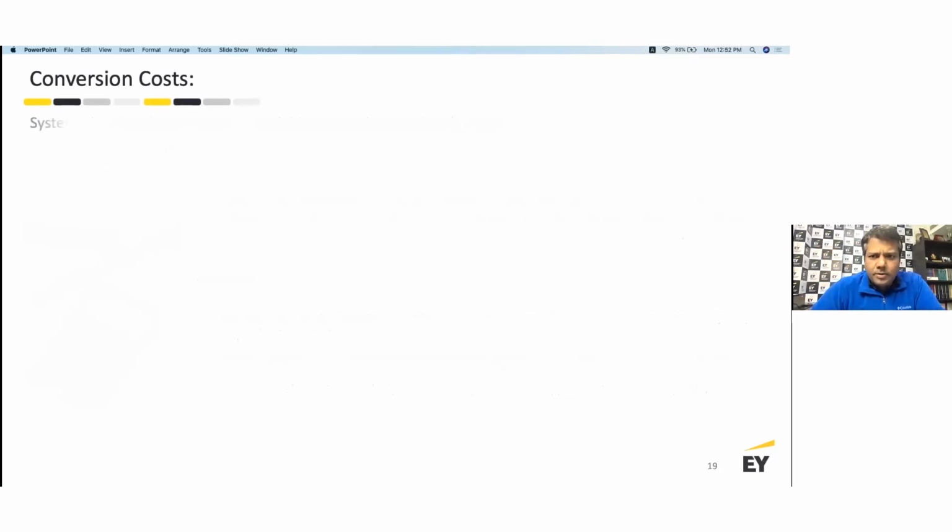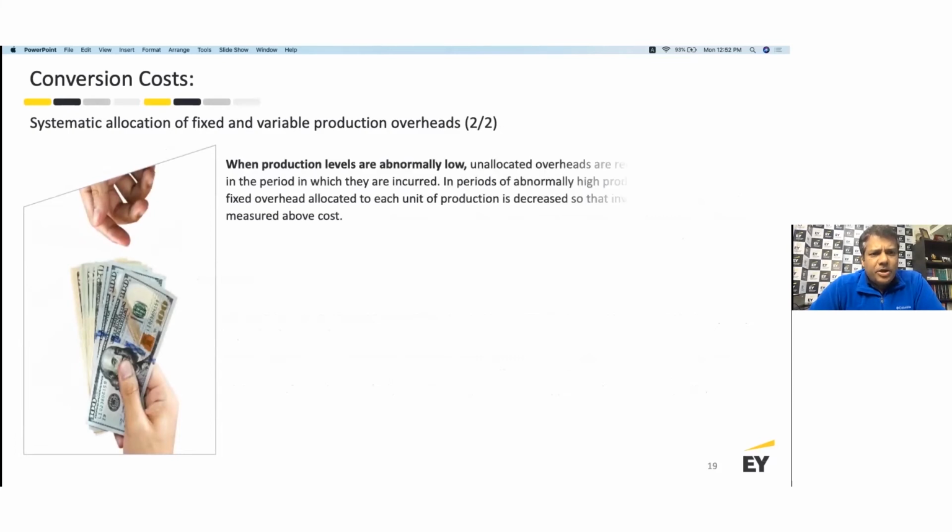Let's talk some more. Allocation of fixed and variable production overhead when production levels are abnormally low: unallocated overheads are recognized as an expense. They are not allowed to be charged to inventory. Unallocated overheads are recognized as an expense in the period in which they are incurred.